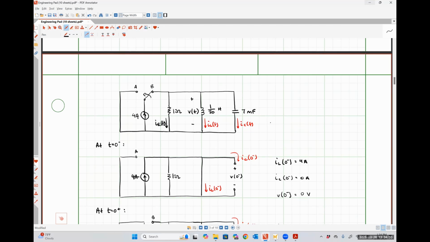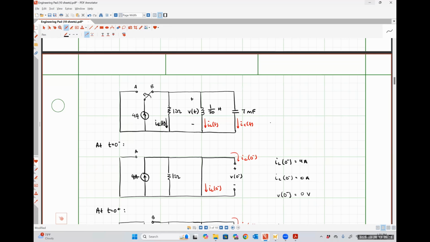So I'm going to ask you a question that I believe is an easy question. Does a resistor have a derivative-based relationship for it at all? No. So we are never going to solve our system directly for what's going on with a resistor. What I'm going to do instead is solve for that capacitor voltage because I know that the capacitor is in parallel with the 12 ohm resistor.